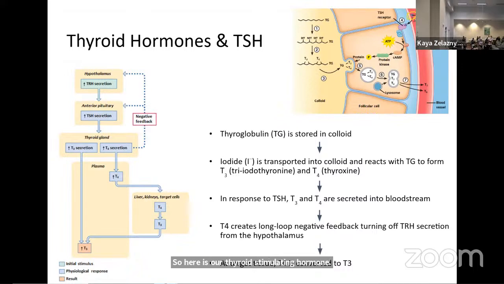It counts as a trophic hormone because it's going to be affecting the release of our thyroid hormones, which are hormones. We're waiting for this TSH coming through the blood into this capillary bed, where it's going to come into contact with a receptor. Here we see a receptor for TSH on this follicular cell, and that's our signal. It's time to release thyroid hormones. In response, we then break up the structure that we made in the colloid.